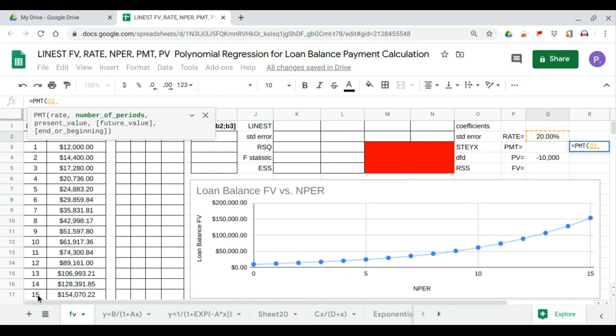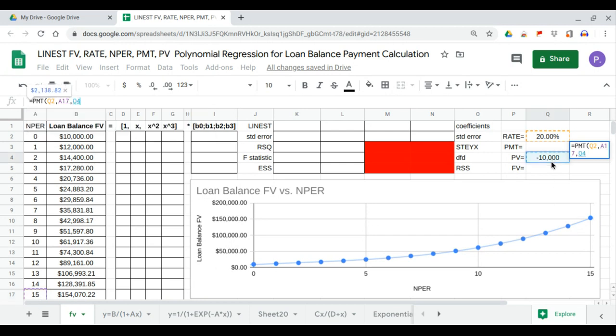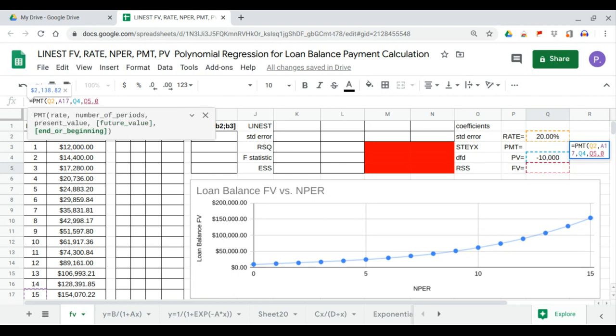We'll choose 15, the last period, and the present value, which is 10,000. And the future value, we want it to be zero. So 0, and because we're paying at the end of each period, that's also 0.